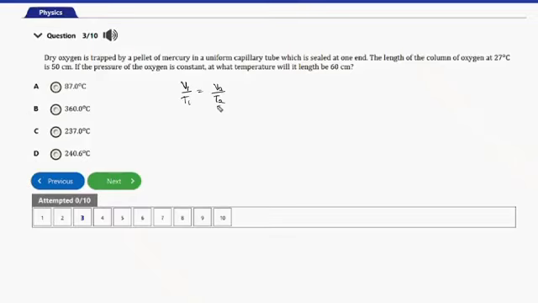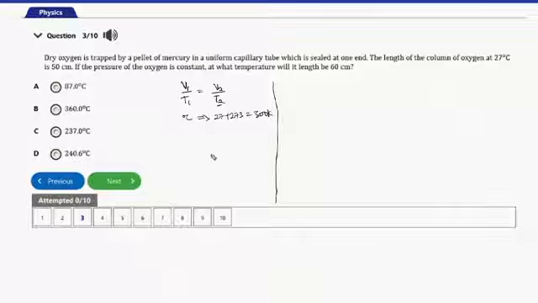So the T2 here is the final temperature here. So remember, the question says at what temperature will the length be 60 cm. So guys, before we start solving, let's note that the temperature here is in degrees Celsius. So to convert it to Kelvin, we add 273, and this 27 degrees Celsius is actually 300 Kelvin.